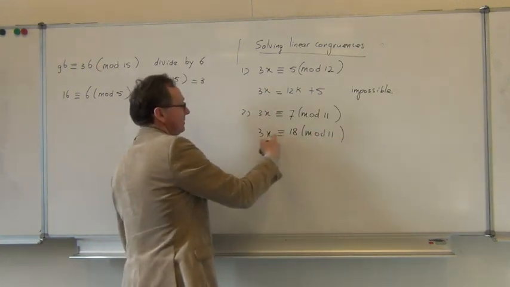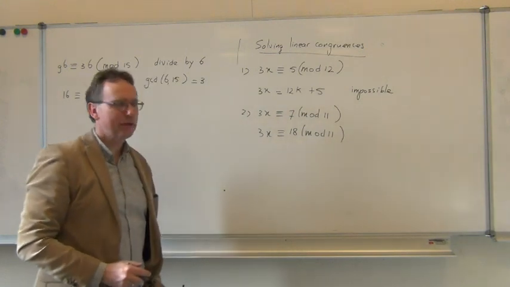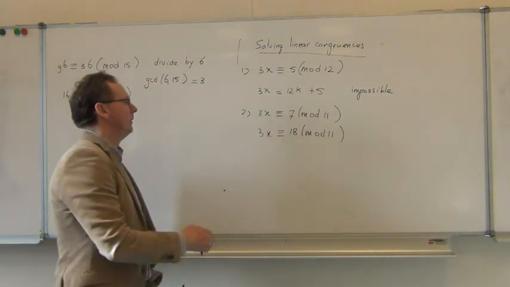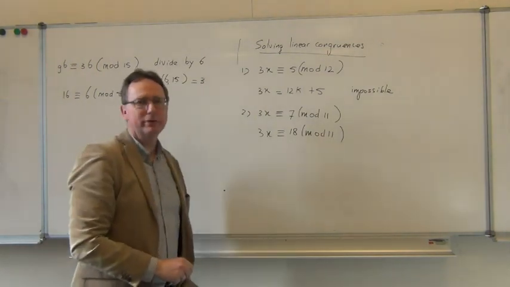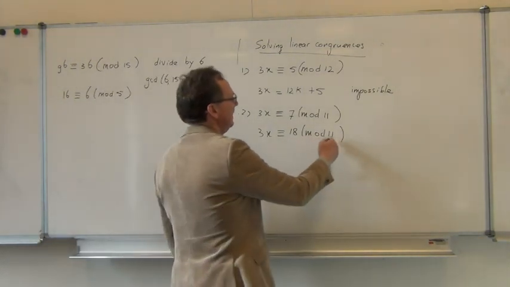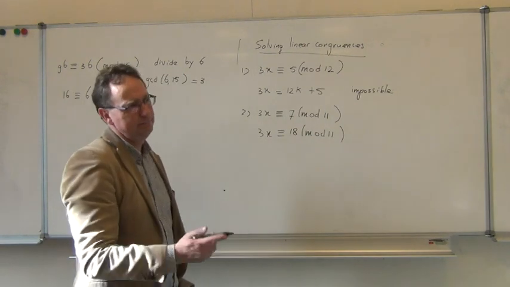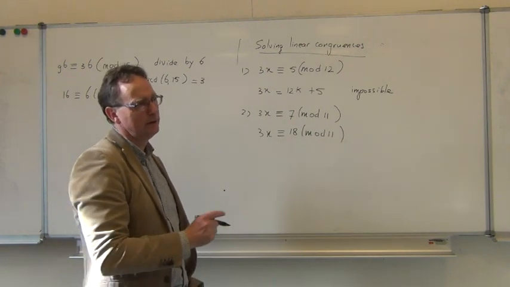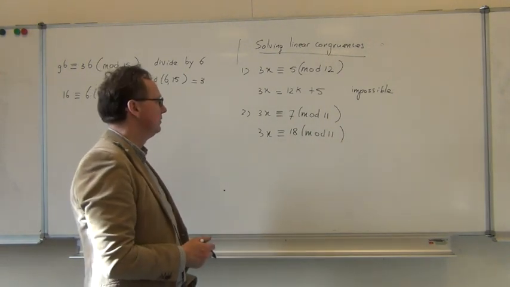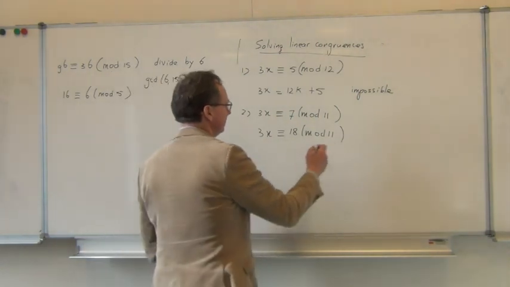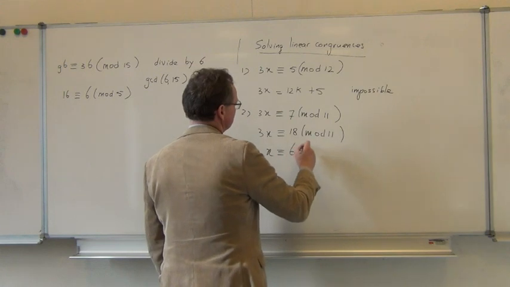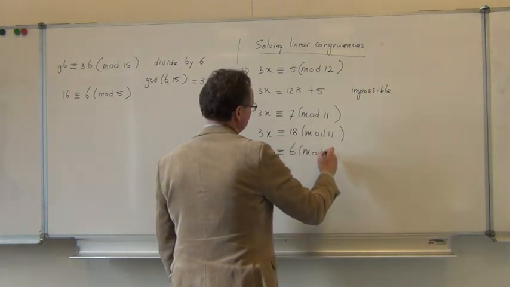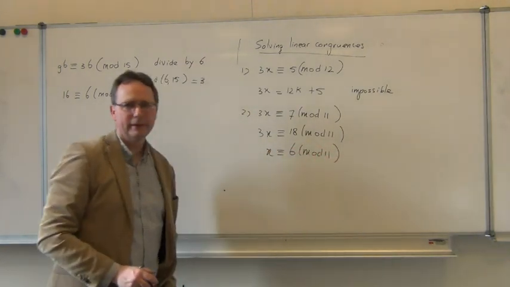Well, 3x and 18 can both be divided by 3. Then we have to be a bit careful: 11 cannot be divided by 3. Actually, 3 and 11 have no common primes, so they're relatively prime. Therefore, we can just say x is congruent to 6 modulo 11, and that's the solution.